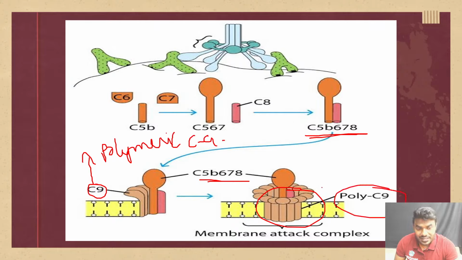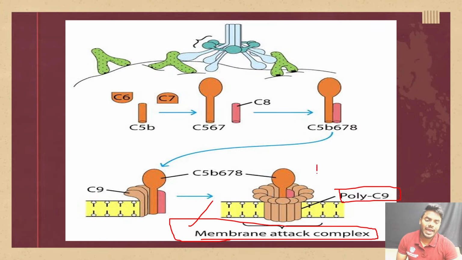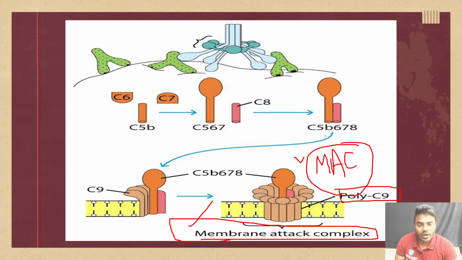So you can see the diagram very carefully. This poly C9 associated with each other can create a big hole. Now this is what, friends, we will be calling the membrane attack complex, or shortly, the MAC complex. Kindly do not get confused with this particular point at all.